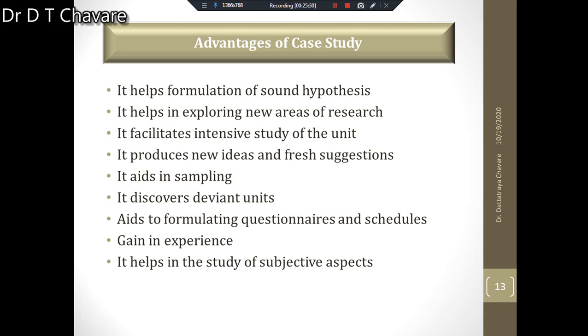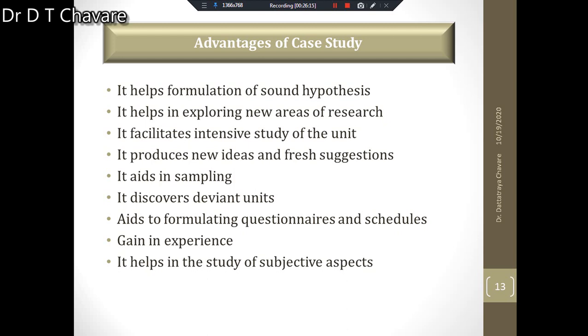What is it? It helps formulation of sound hypothesis. Then the second advantage we have to understand, it helps in exploring new areas of research. Case study method does the multidimensional exploration of the social unit, and in the process highlights new avenues of research where fruitful investigation may be undertaken by other researchers.